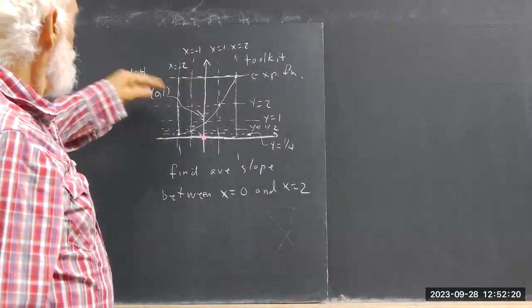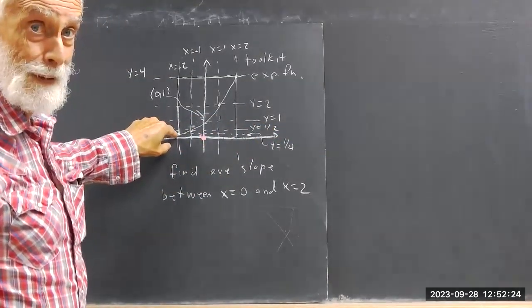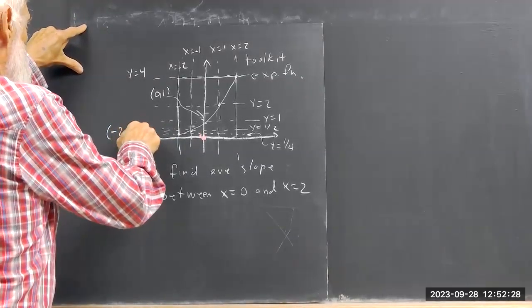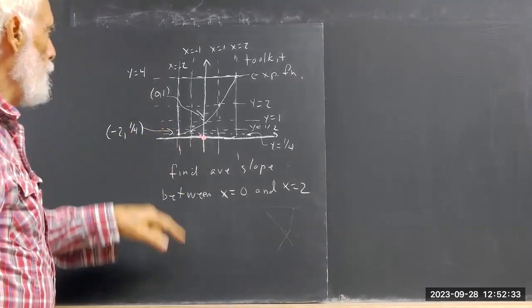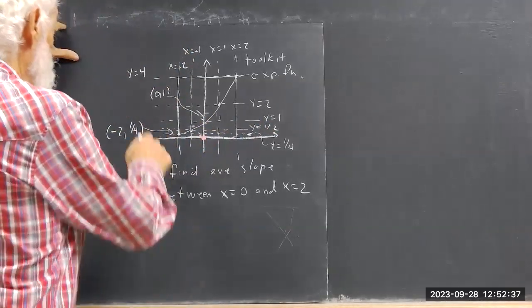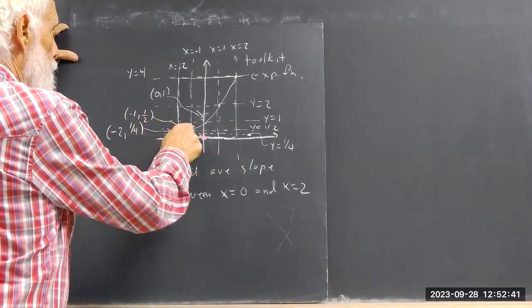Where the x equals -2 line crosses the y equals 1/4 line is where you start. The coordinates of that point are (-2, 1/4). Where the next line, which is the x equals -1 line, crosses the y equals 1/2 line, the point is (-1, 1/2).